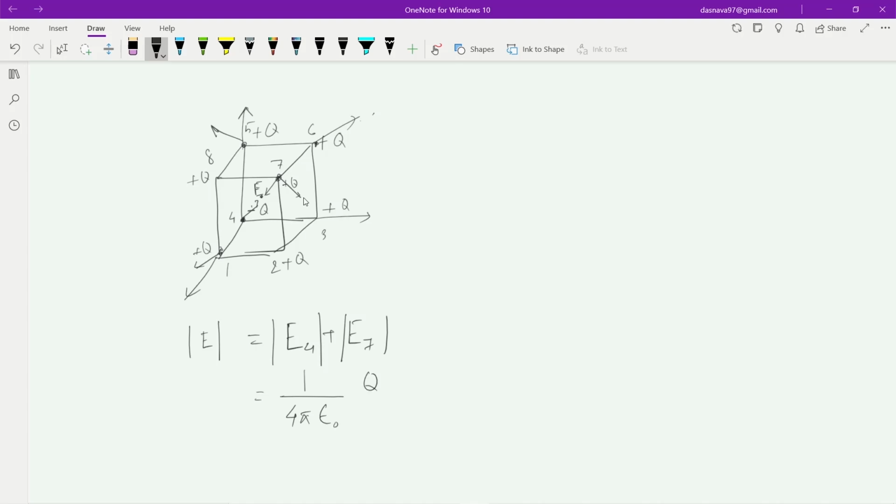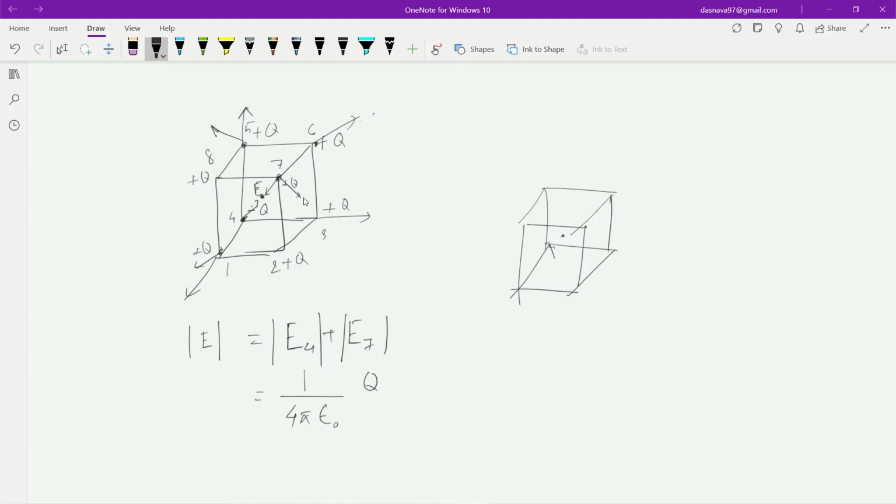Now, what is the position vector of this point from the origin? How will we calculate this? So if we draw a naked cube, then what will happen? We have to know what is the position vector.